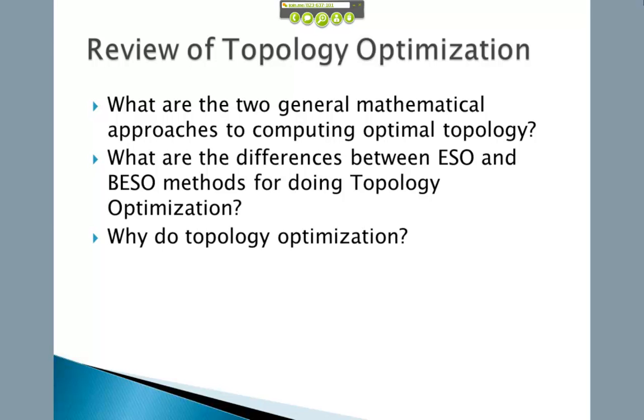Why do we do topology optimization? What was the motivating factor? Weight. Is there material costs? What's that? Efficiency, money. Save money.